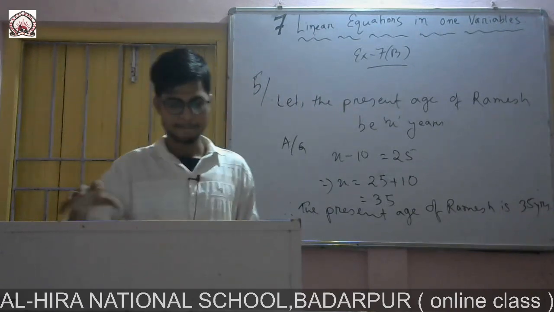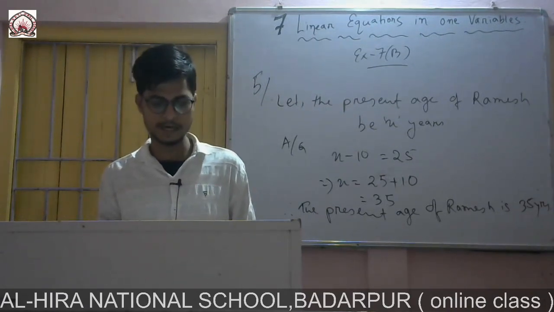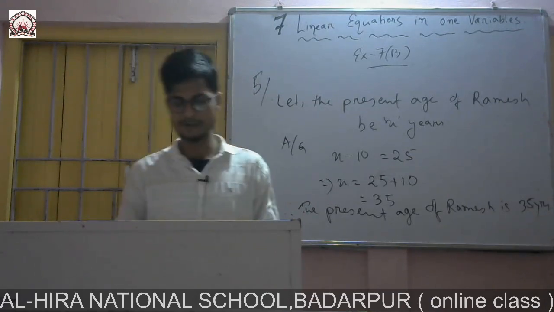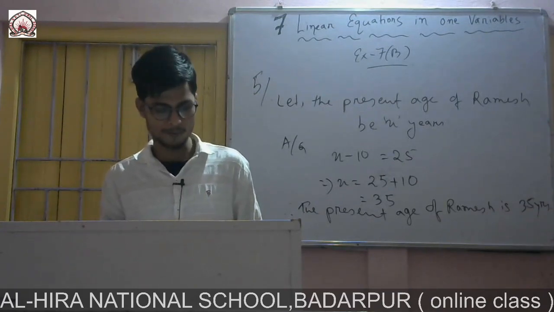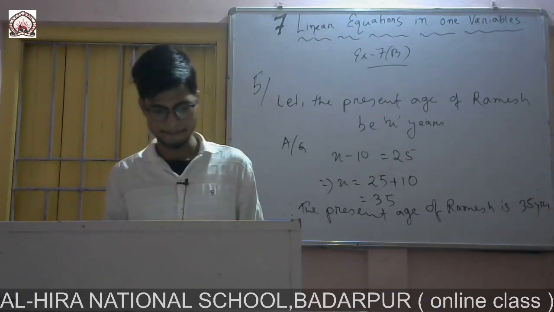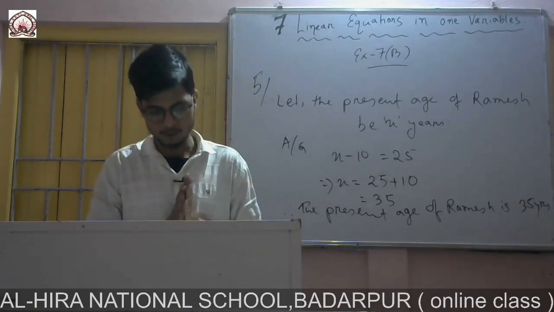Question number 6. Apurv received 3/4 of all votes casted in the election for school president. If he received 876 votes, how many students voted? So he received 3/4 of the total vote casted.